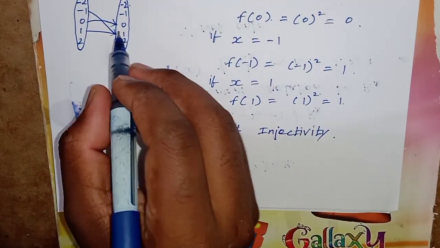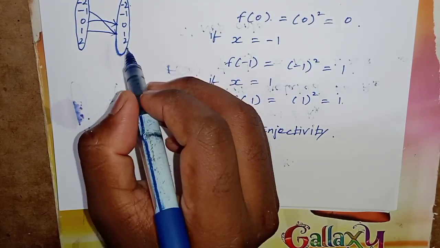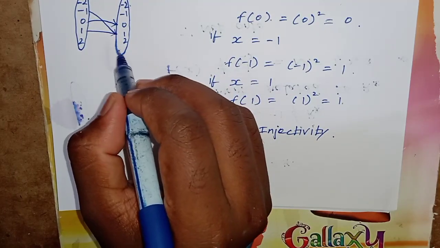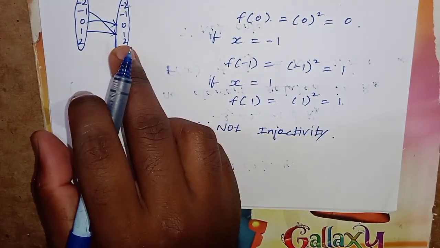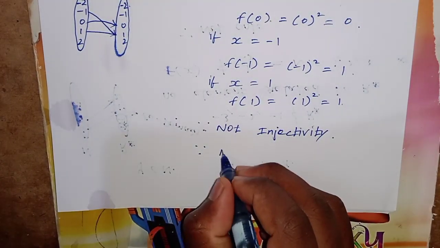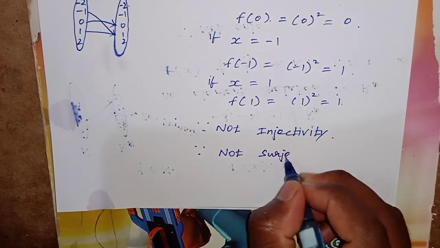Next, -1, -2 and 2 will not be filled in the codomain. Here it is blank. Therefore it is not surjective.